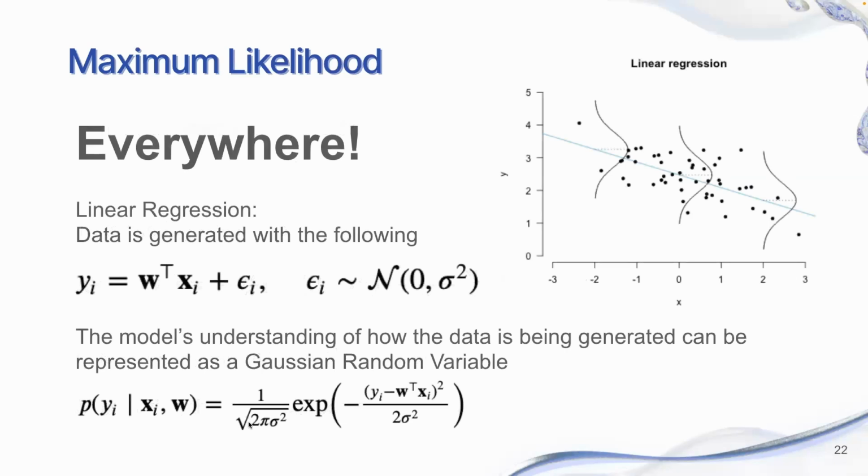So this is the distribution your model learns. Given your model, which is defined by W, and x of i, which is your input, your distribution is about your prediction of y of i, right?